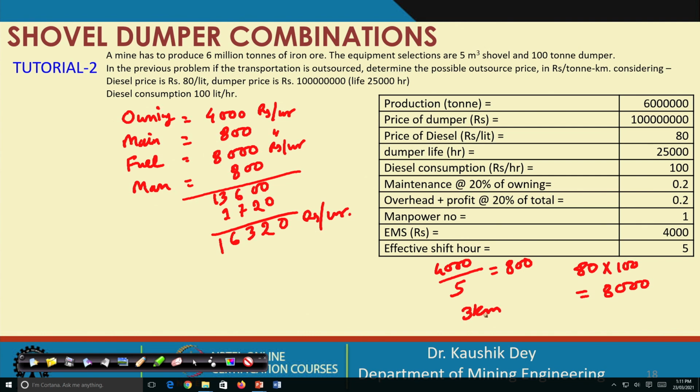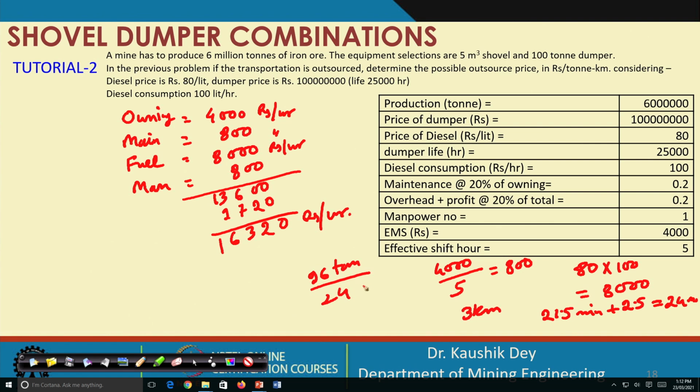The dumper cycle time, last class we have found, is 21.5 minute, but as the shovel has to engage with the fourth dumper, there is a waiting time of 2.5 minutes. So, the actual cycle time is coming 24 minutes, and though it is a 100 tonner dumper, it is actually handling 96 ton. So, the 96 ton material is being handled in 24 minutes.